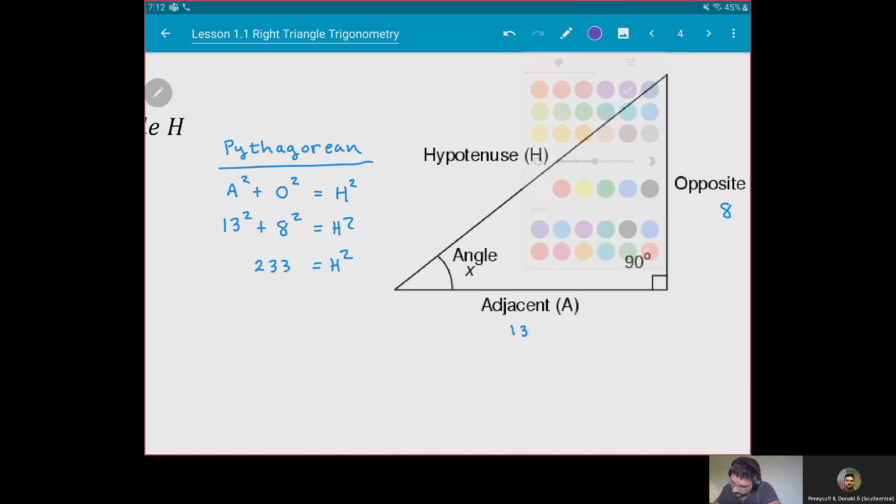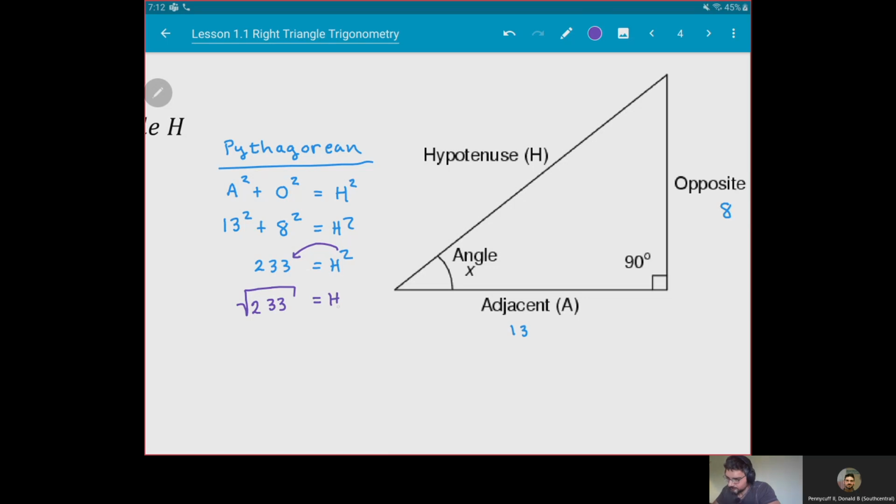And all I'm going to do now to finish this out is move that over, and that gives me the square root of 233 is equal to H, which means the hypotenuse of that triangle is 15.26.